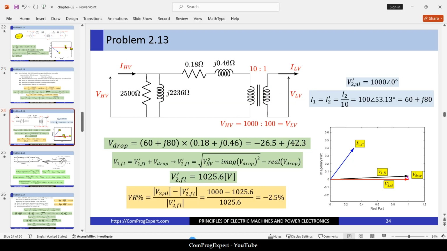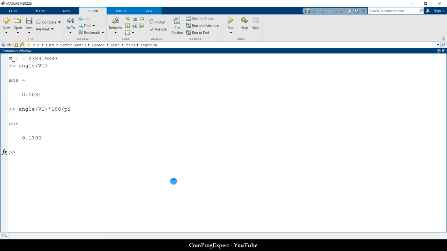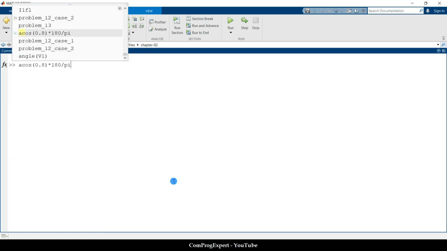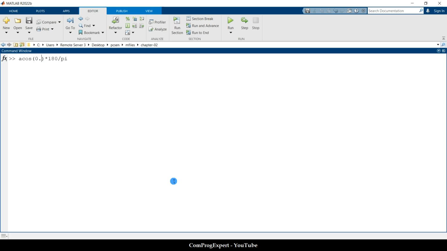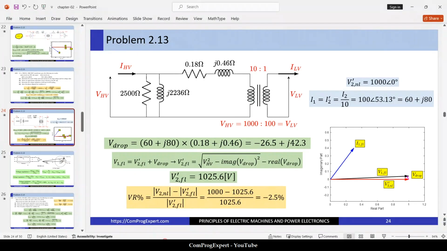Here we have this. The power factor is 0.6, so the value of phi is 53.1 degrees. This angle. This is the value of the current.